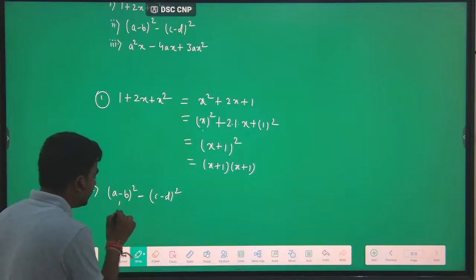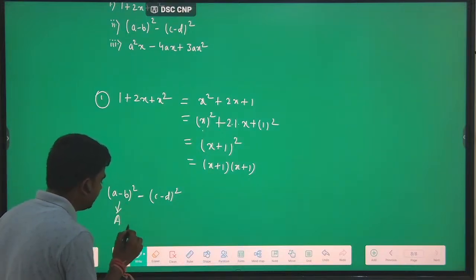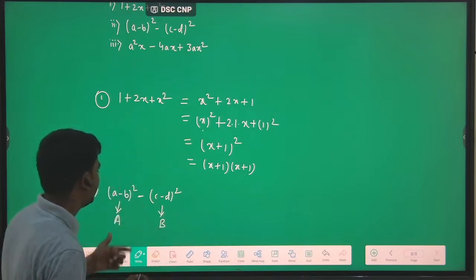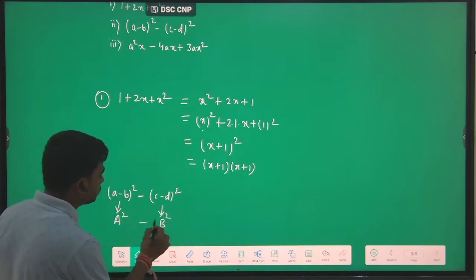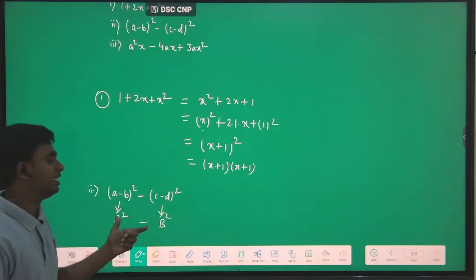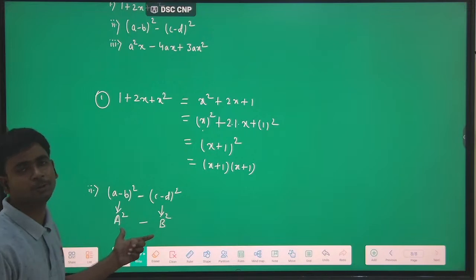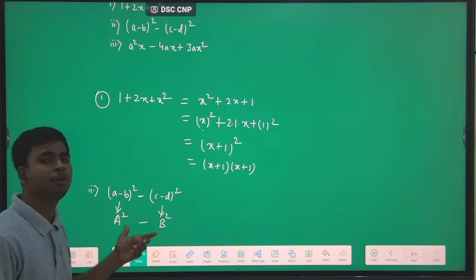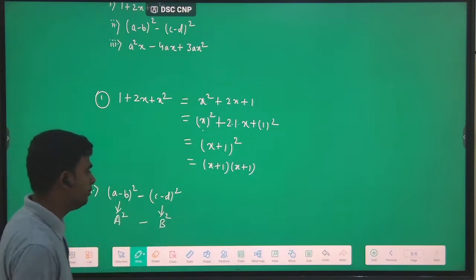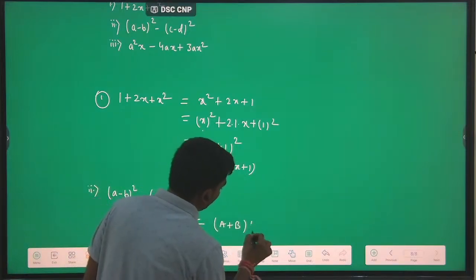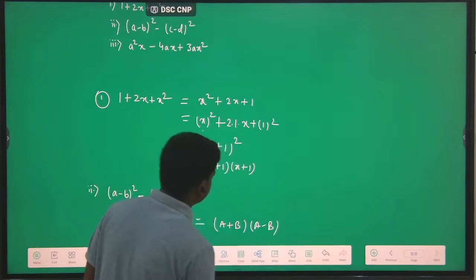Let us suppose that this is our a and this is our b. So we can write it as a square minus b square, and we know the formula of a square minus b square. It is the multiple of a plus b into a minus b.